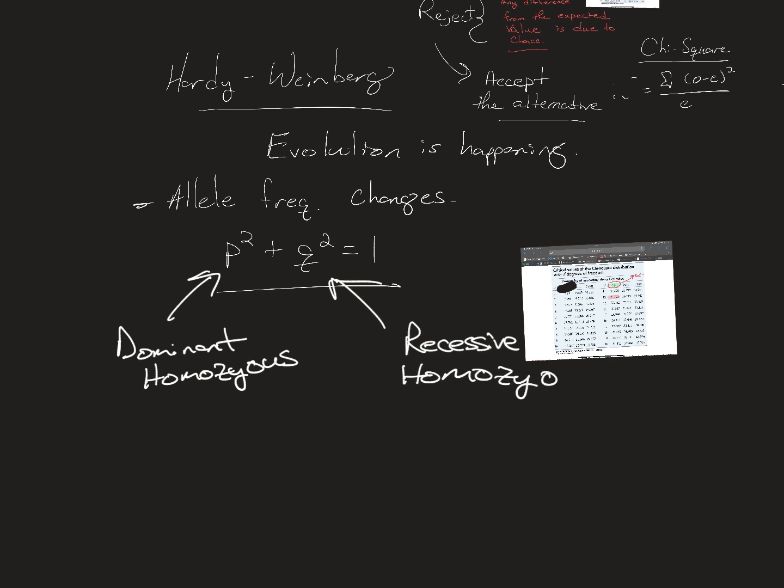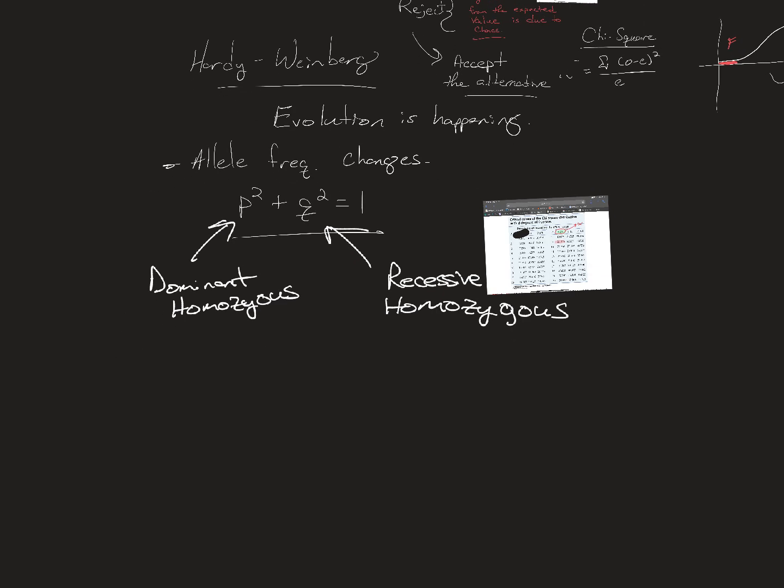With a little bit of calculus, you can find that p squared plus 2pq plus q squared equals 1.